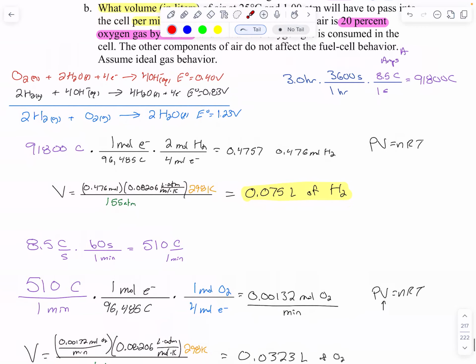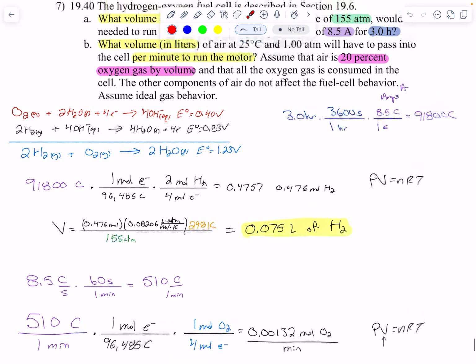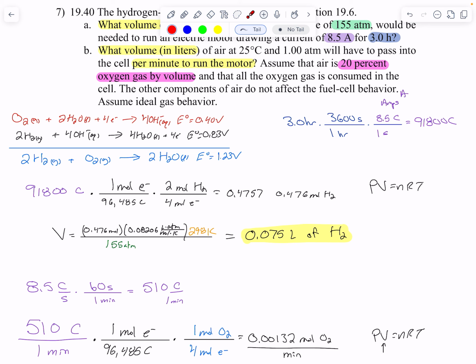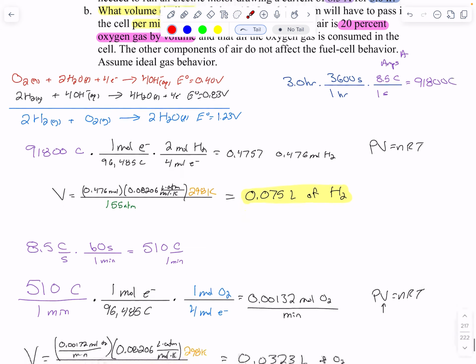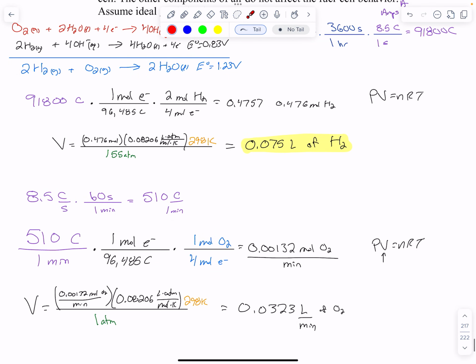Then instead of coulombs per second, we did coulombs per minute, because we're looking for how much air per minute we need to run the motor. We just kept this 1 minute throughout, though you could drop it and put it in at the end.